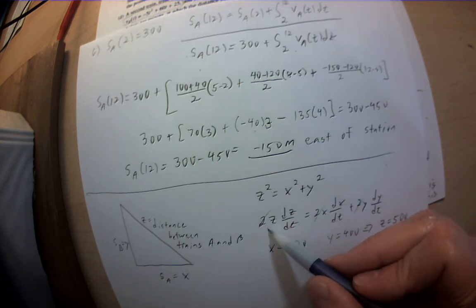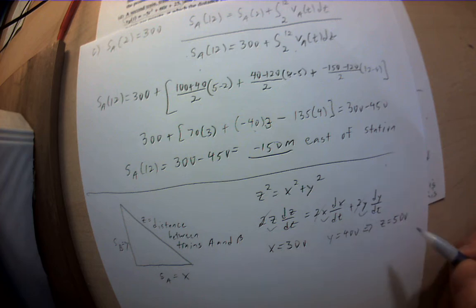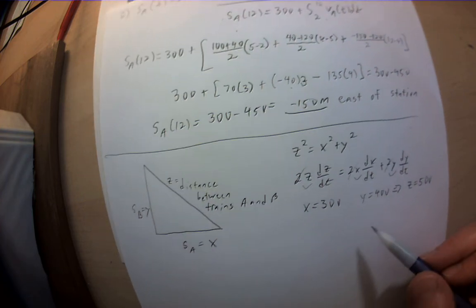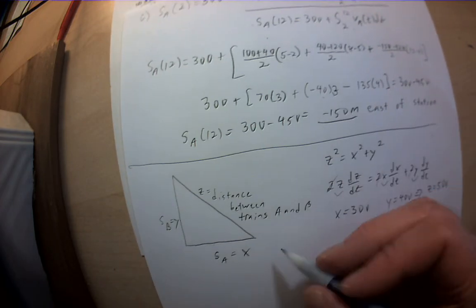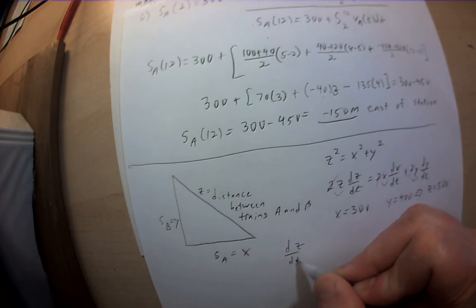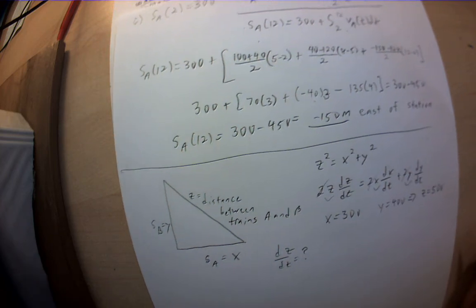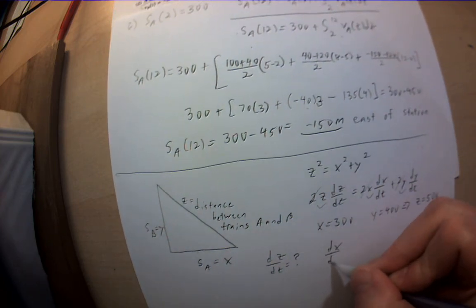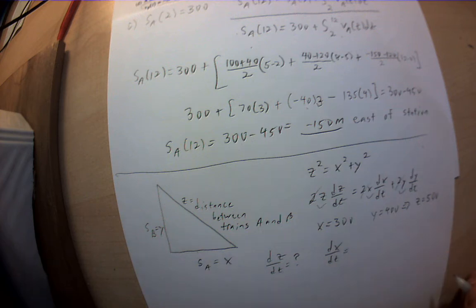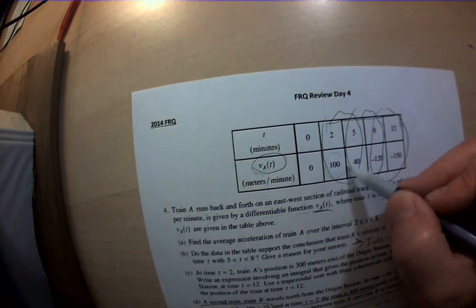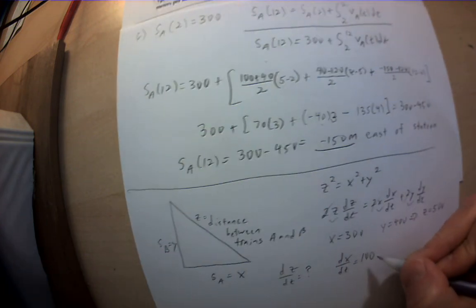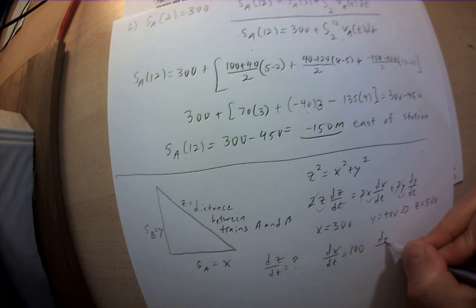So I know this, I know this, I know that. What am I trying to find? I'm trying to find the rate that the distance between them changes, so I'm trying to find dz/dt. So I better have dx/dt. Do I have dx/dt? Does that show up anywhere? At time 2, that's dx/dt. So dx/dt equals 100.